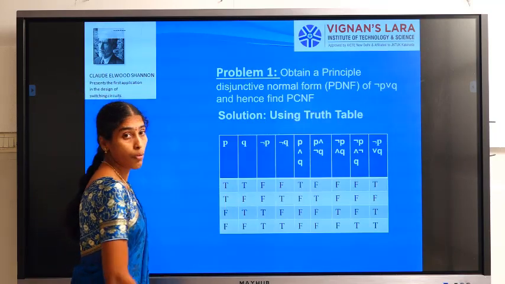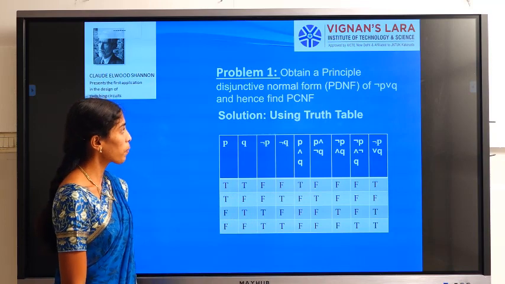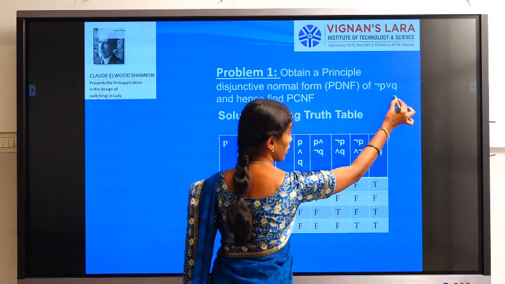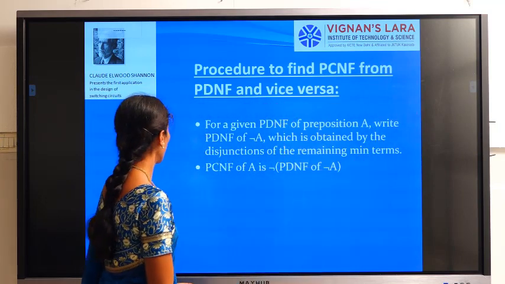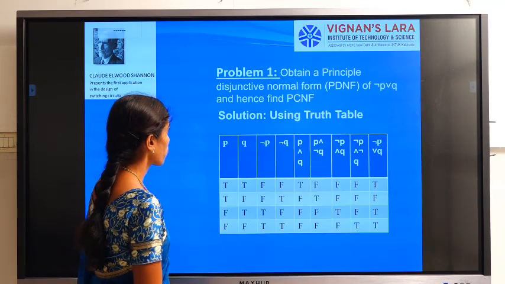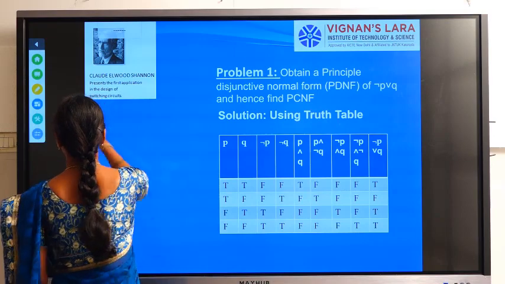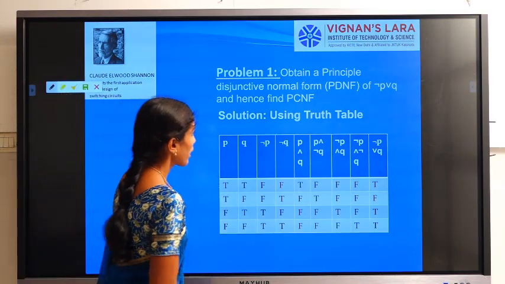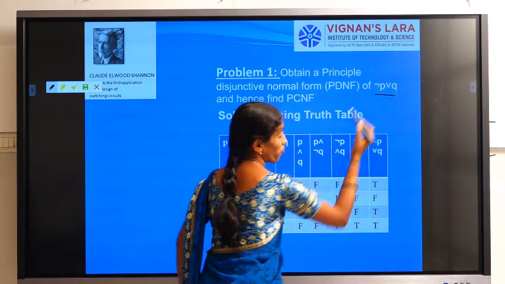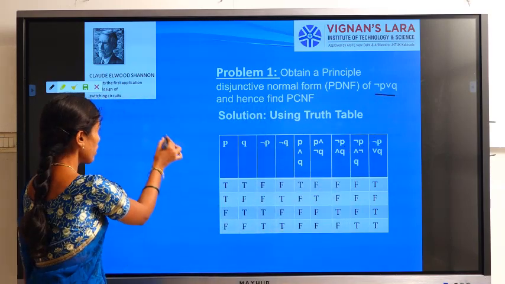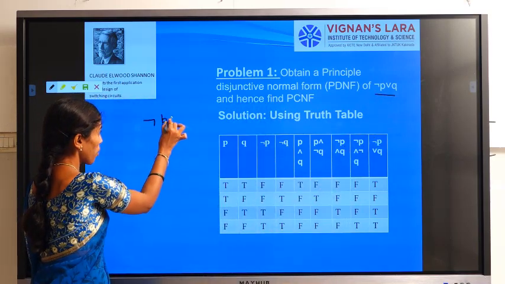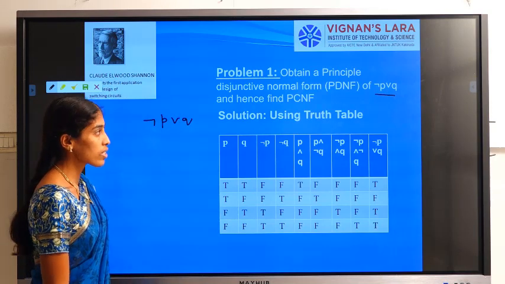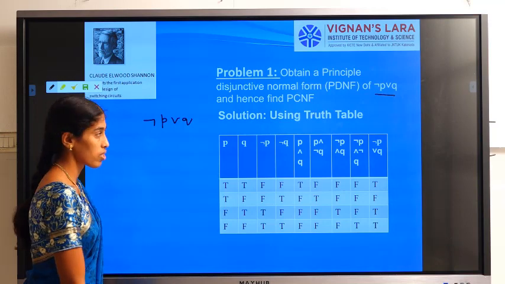Next, now we will see the problems. First one, obtain a principal disjunctive normal form of negation P OR Q. First we will check how many variables are there in the given proposition. The given proposition consists of two variables.